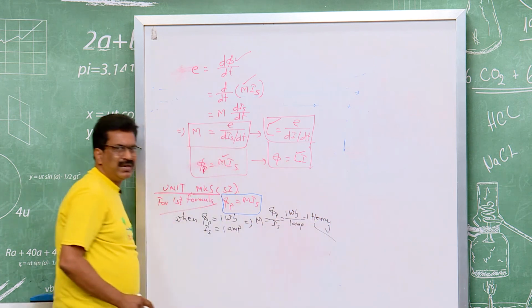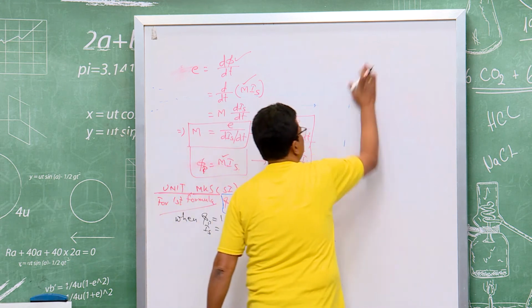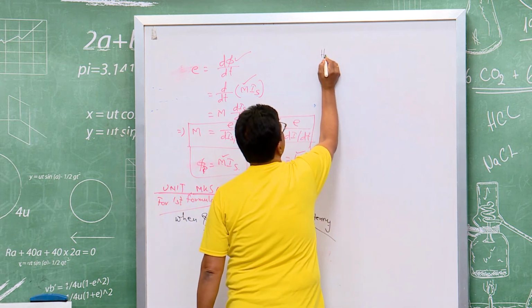This is equal to 1 Henry. So, how will you define the coefficient of mutual induction as the 1 Henry?